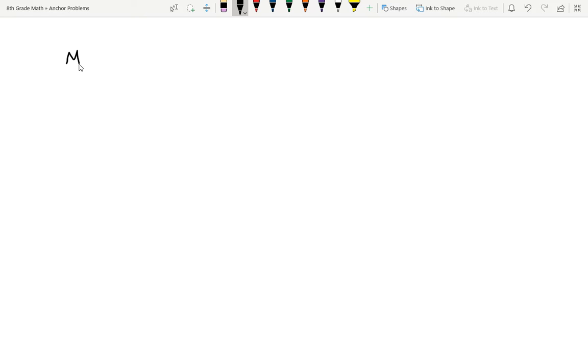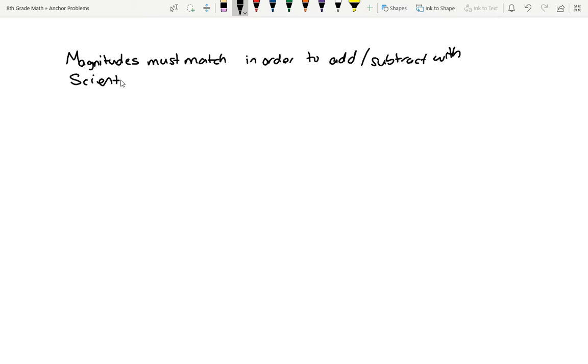So, magnitudes must match in order to add and subtract with scientific notation. So it's good to just quickly re-review how you make magnitudes match.